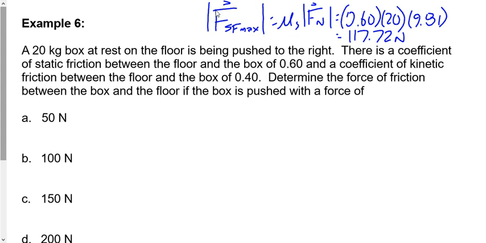Okay, the maximum value is 117. I push with 50. Does it move? No, because I haven't exceeded the maximum value. If I pushed with 200, then it would move. We'll deal with that when we get to it, though. Push with 50, doesn't move. 50 is less than 117.72, therefore doesn't move.